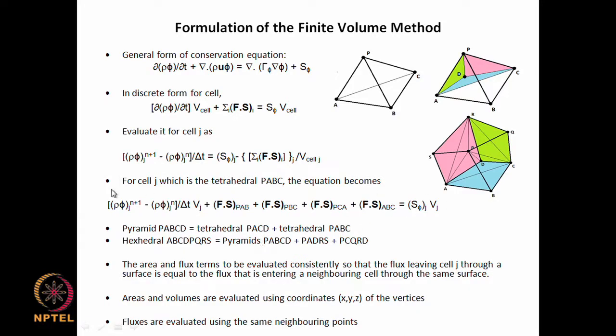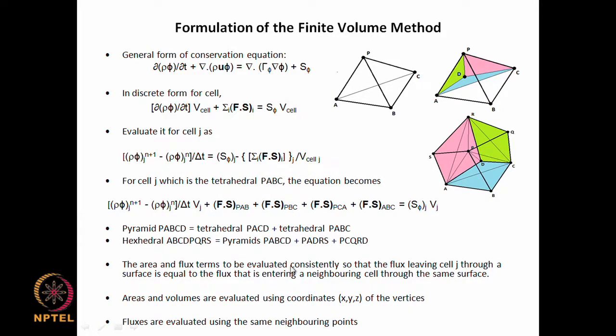So, the things to be evaluated are, obviously, for each cell the volume, and the surface area of each of those, for example the triangles, and we also need to take the dot product with the fluxes. So, we need to know the orientation of these triangles, and we need to evaluate the fluxes.